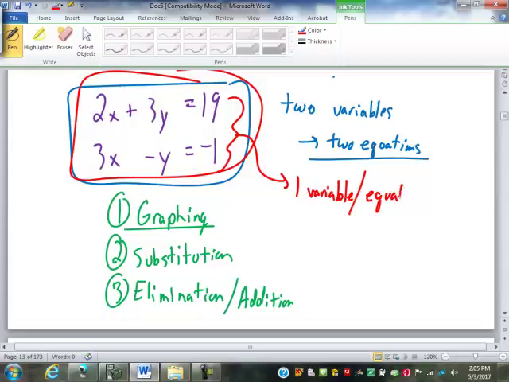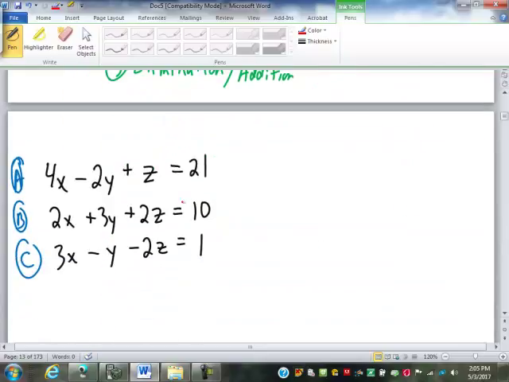And then we solved it, and then we used that information to go back and look at the other equations. What we're going to do here for three variables and three equations is our first step is going to be to reduce it to two variables and two equations. Then once we're at two variables and two equations, they'll be just like the ones we were working on last week.